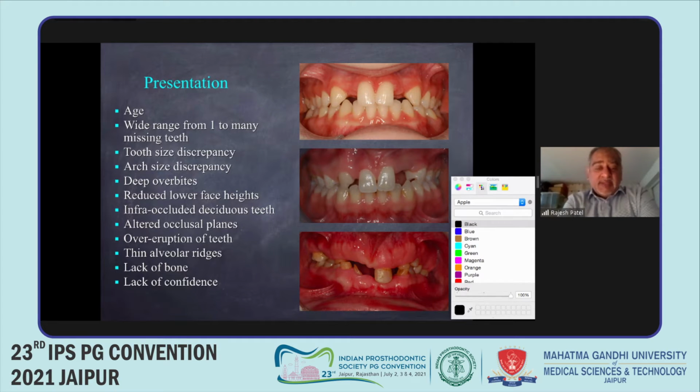Altered occlusal planes don't help us as prosthodontists because we like everything even and clear and organized. And then you get the overeruption of teeth and altered occlusal planes, and it makes prosthodontics somewhat of a nightmare. But ultimately, a lot of these patients during childhood suffer with lack of confidence and anxiety over the appearance of their teeth.